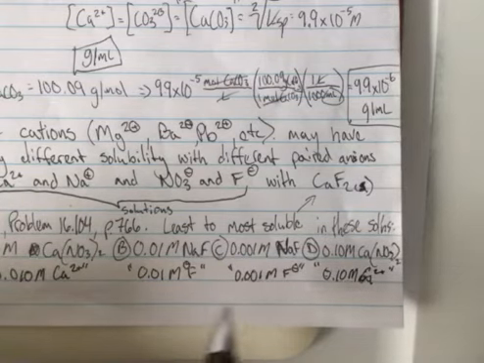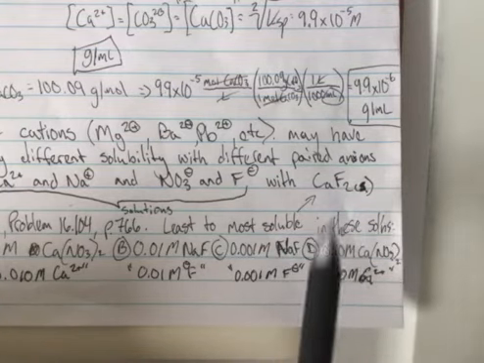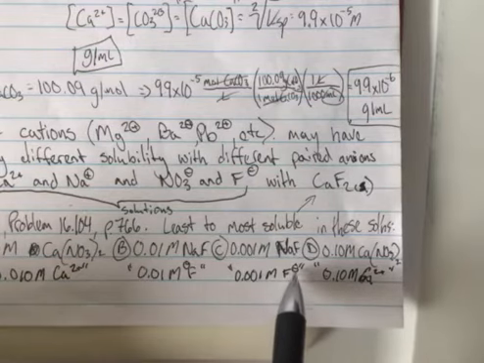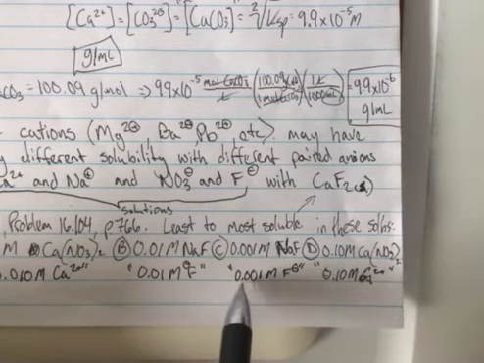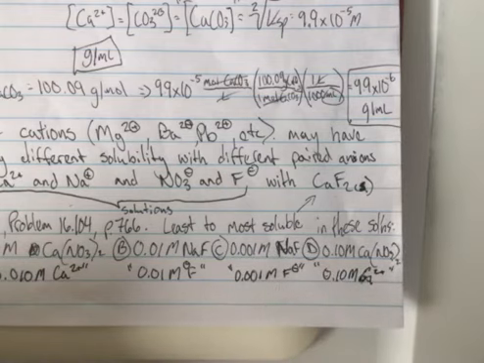So the one that's most likely to dissolve is the one with the lowest concentration of common ion. This common anion of 0.001 molar F minus is where calcium fluoride is going to be most soluble.